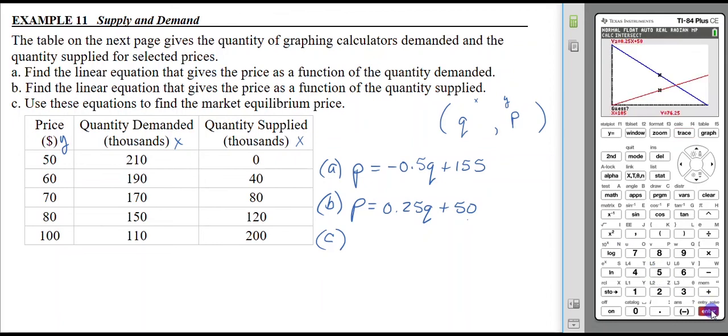First curve, second curve, enter. And we see at 140, that's the quantity that is both supplied and demanded, y, the price, equals 85. So the market equilibrium price is going to be $85.